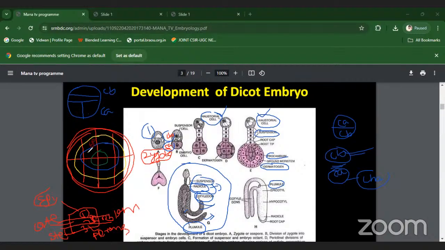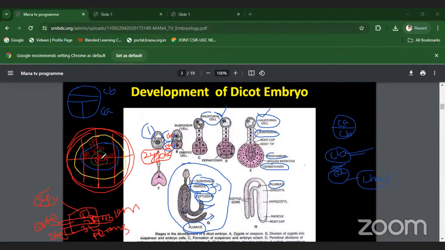Epidermis, the center one, periblem, which forms the cortex, and the inner one, plerome, forms the stele.